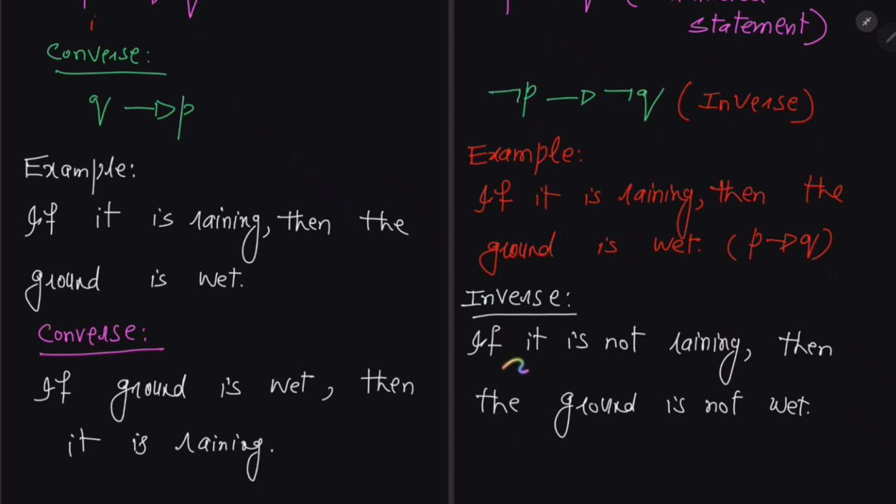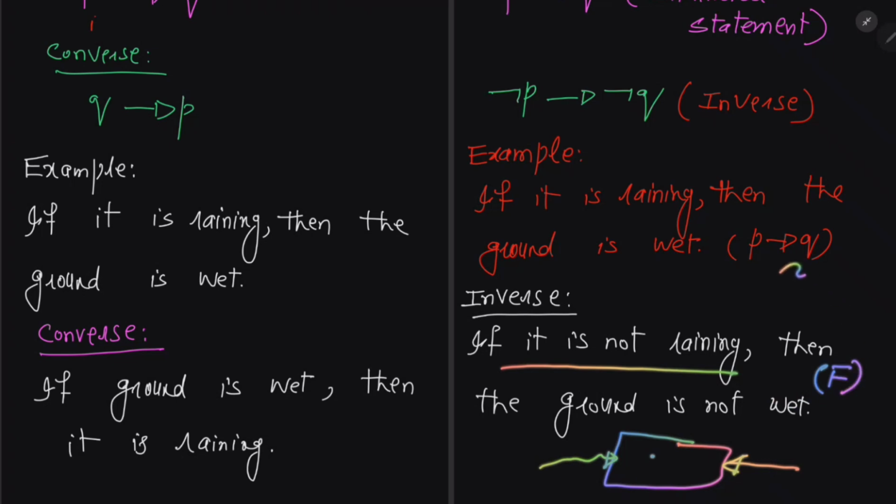If there is no rain, the ground can still be wet due to external sources like water coming from pipes or sewage going through the ground. So without rain, the ground can also be wet. So this statement might be false, and these are logically not equivalent to each other.